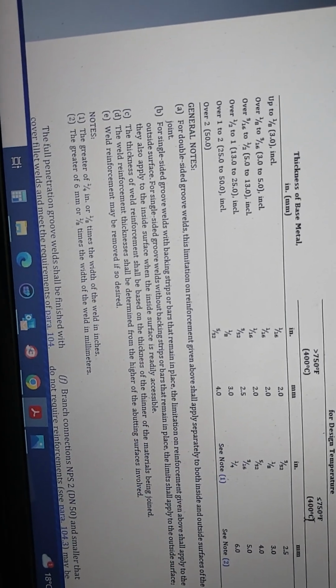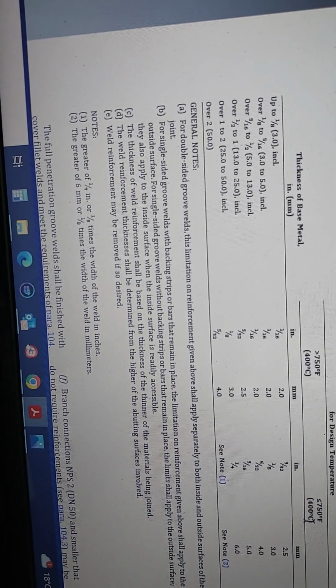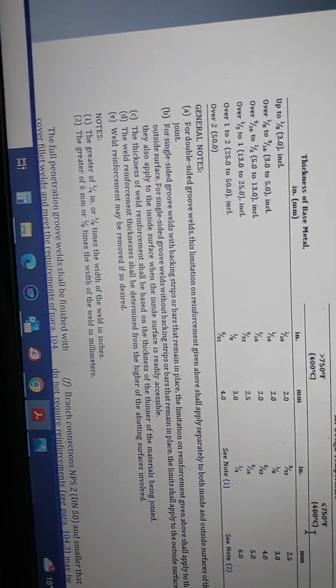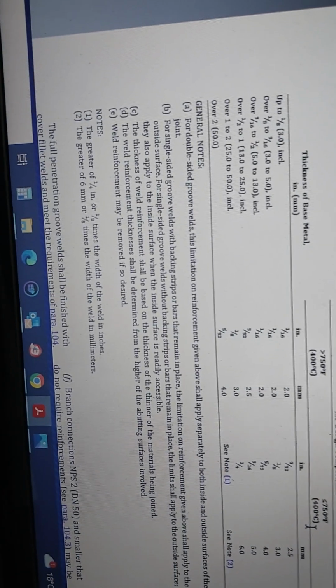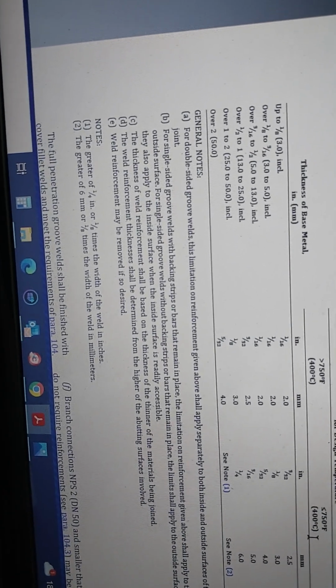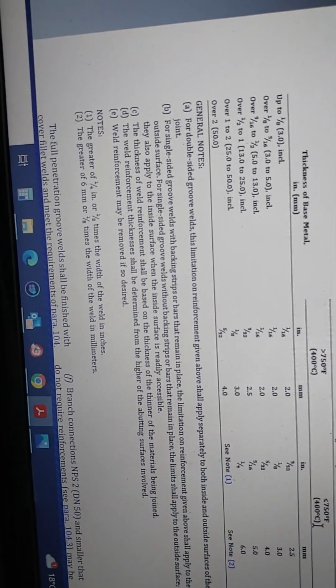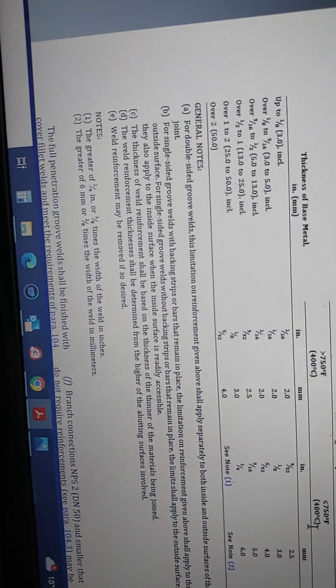What does that mean? The reinforcement thicknesses according to pipes with temperature 400 and less.